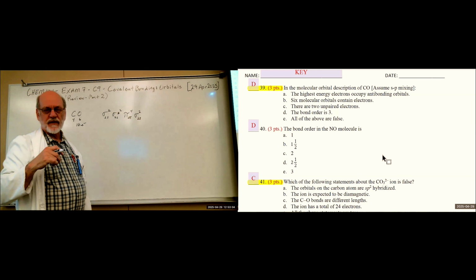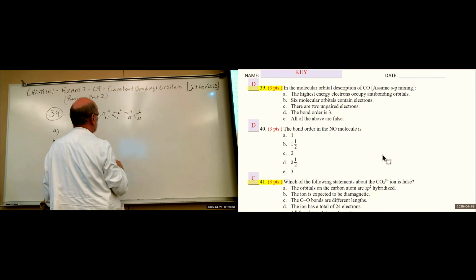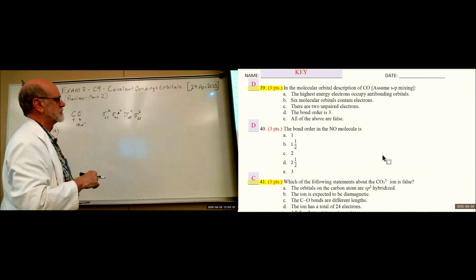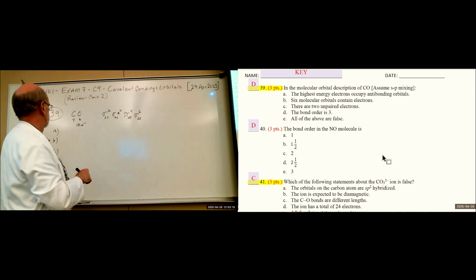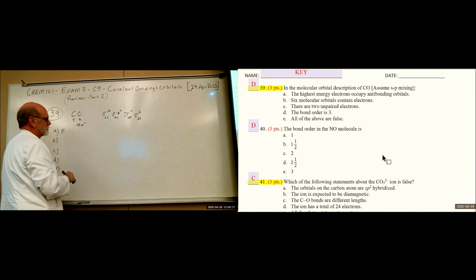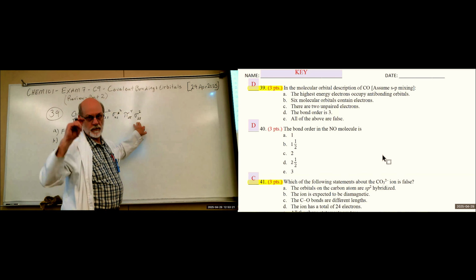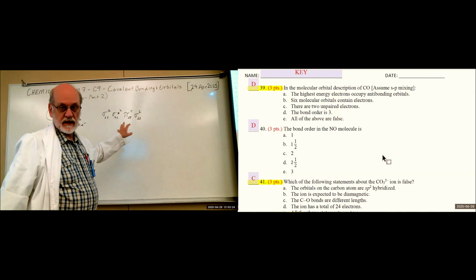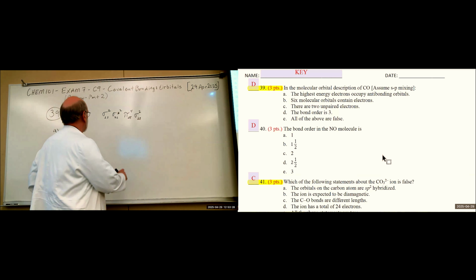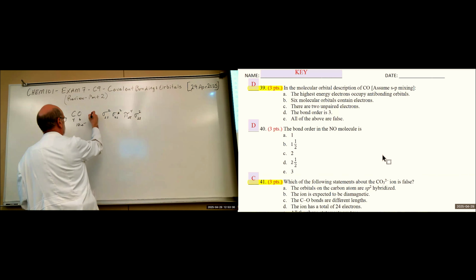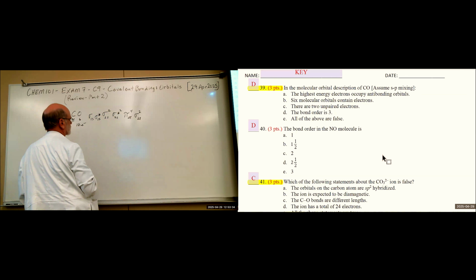So A says the highest energy electrons occupy anti-bonding orbitals. Well, that's false. Right? Yeah. That was false. The highest level is a bonding orbital. B, 6 molecular orbitals contain electrons. Well, okay. 1s and sigma are 1s.